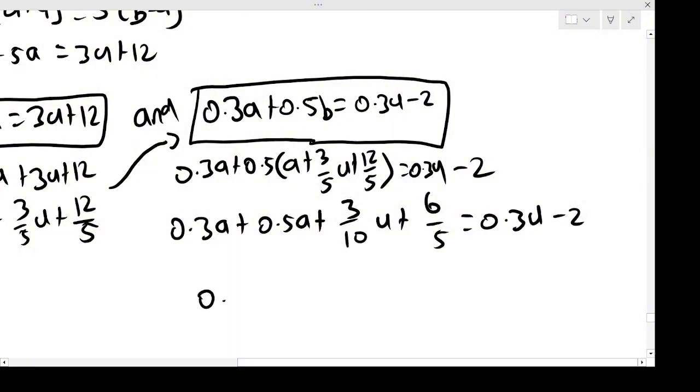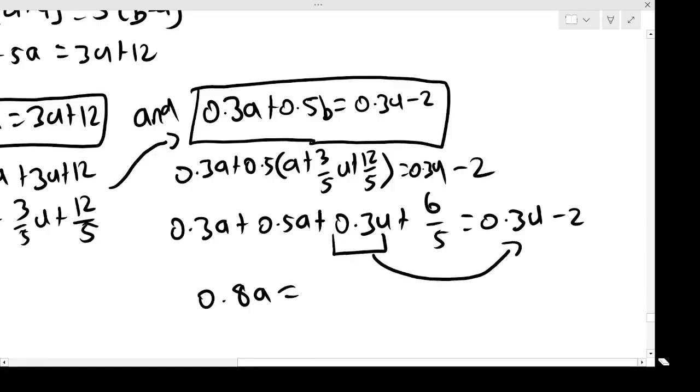So I'm going to get 0.8a on its own. If I now move everything else to the other side, I get 0.8a. And actually the u's cancel very nicely. 3 over 10u, well, that's 0.3u. 0.3u cancels with the 0.3u there. So actually it simplifies very nicely. So 0.8a just goes to minus 2.